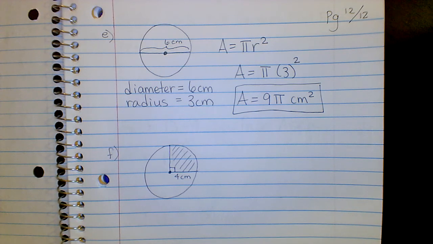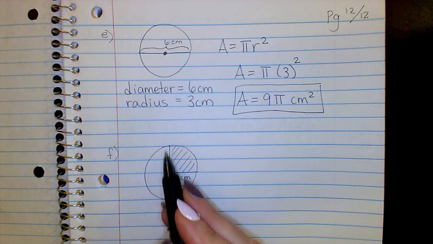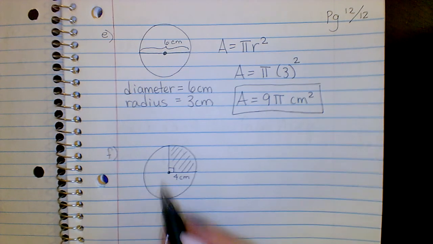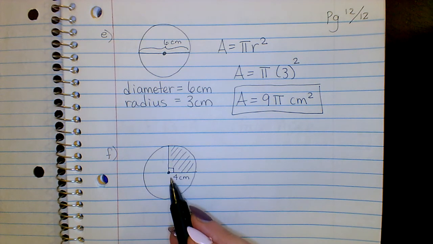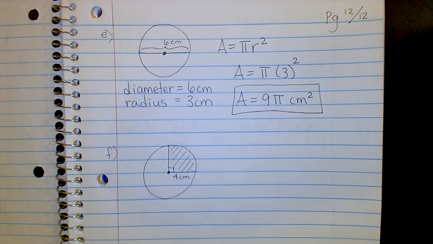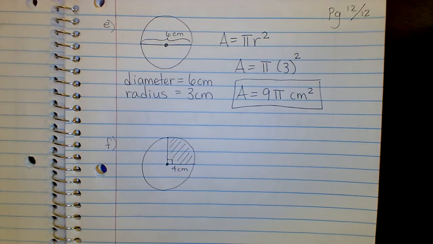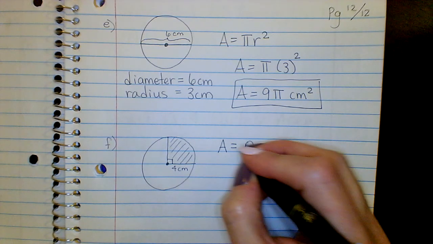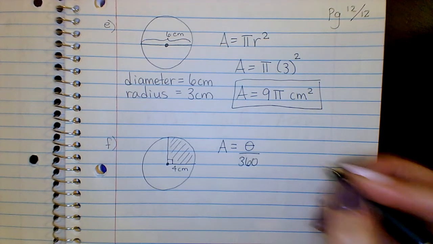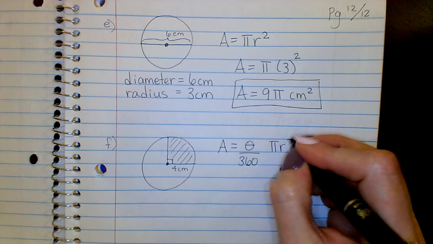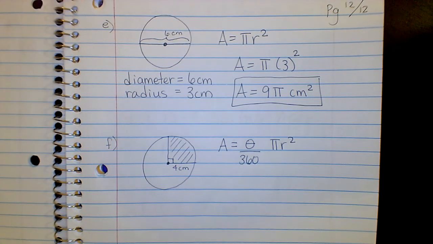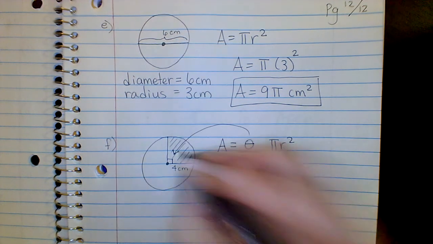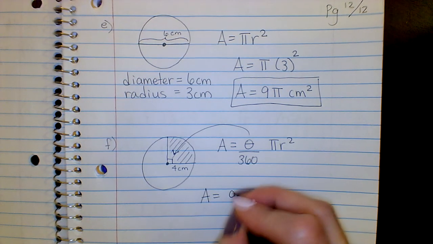Alright, last thing up is that segment. So this is a right angle right here. So this angle is going to be 90 degrees. The area, remember, was that angle over 360 times pi r squared. So this angle is right there, it's 90 degrees.